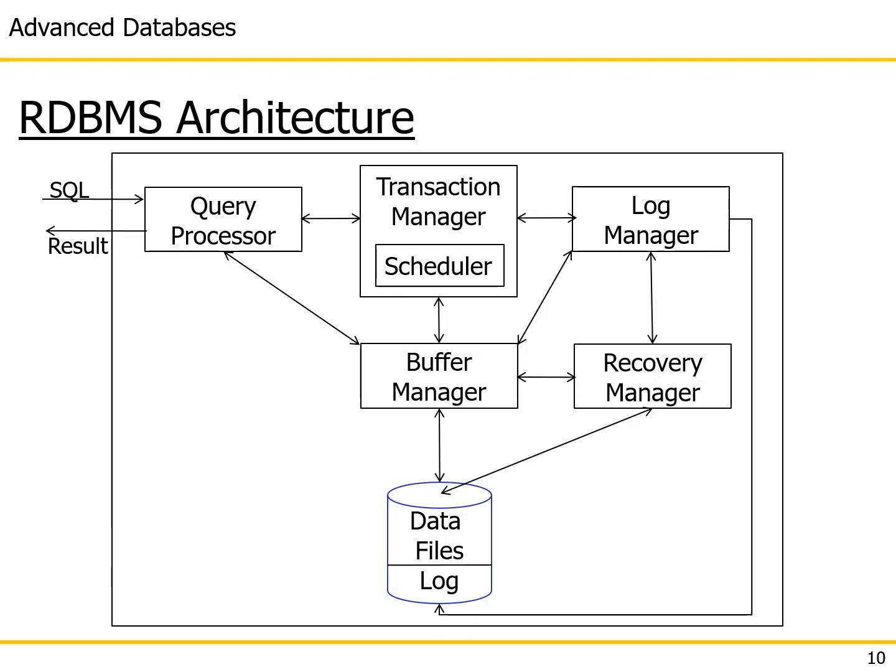If you delete a row from a table, that is done in a transaction. But the log manager will also write down in a log file that at this time I had this query and it affected this table and it deleted this row. And this happens all the time.